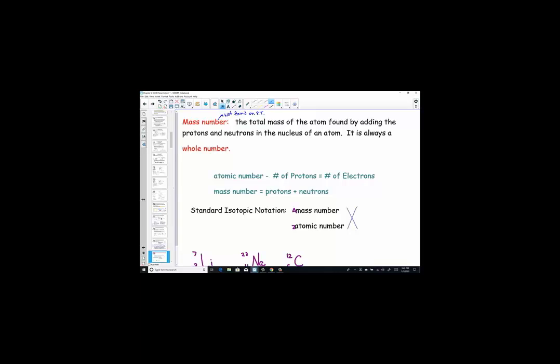And so atomic number is the number of protons and electrons, and mass number is protons plus neutrons. And now what we look at is a standard isotopic notation. The standard isotopic notation is on page 7. Let's say we have a general formula.